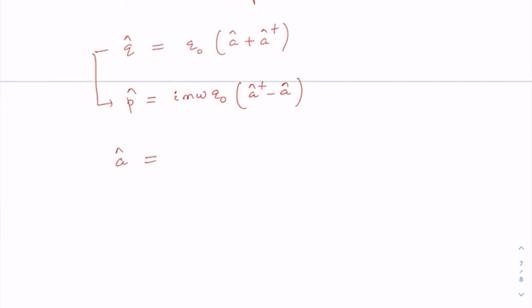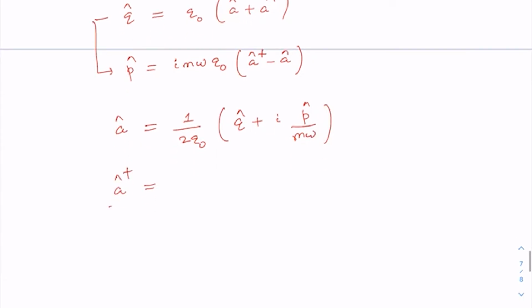The annihilation operator would be 1 by twice q0 times q plus i p by m omega, and a dagger is the Hermitian conjugate of this annihilation operator, the creation operator, that would be 1 by twice q0 times q minus i p by m omega. So these are extremely useful relations, and you should remember them all the time.